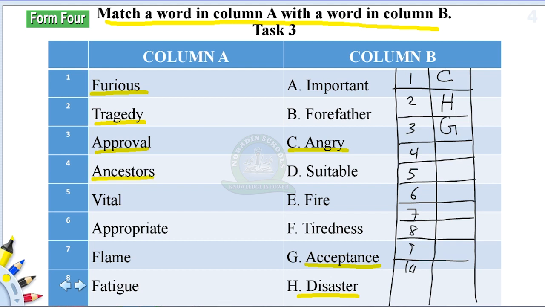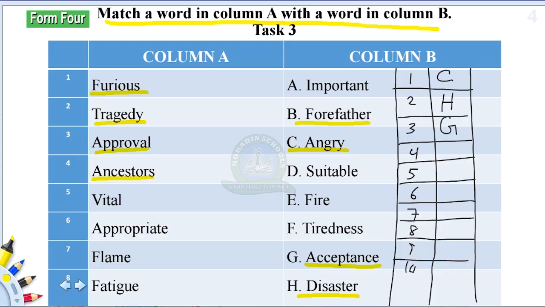What about ancestors? Do you know the word ancestors? It means forefathers. Your grandfather, not your father, but your grandfather and your grandfather's fathers. So ancestors means forefathers. Ancestors is plural, so we are going to use the plural answer also, because plural means plural, but singular doesn't mean plural.